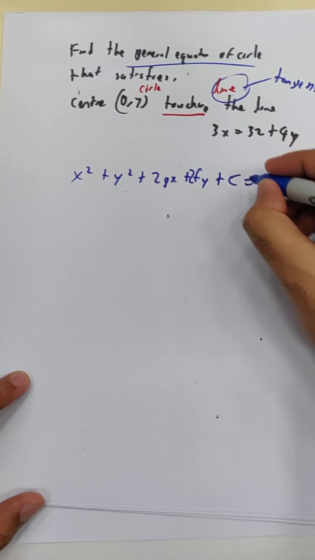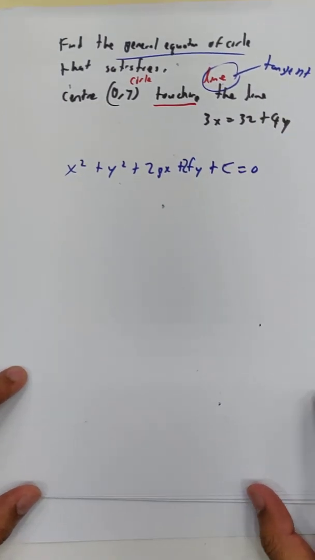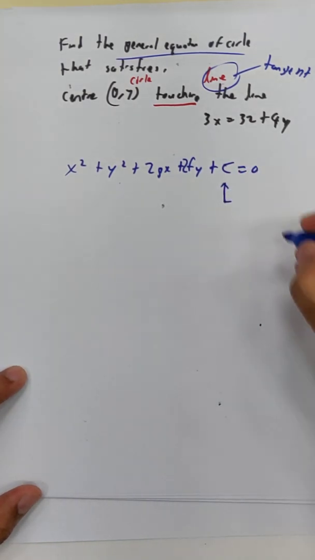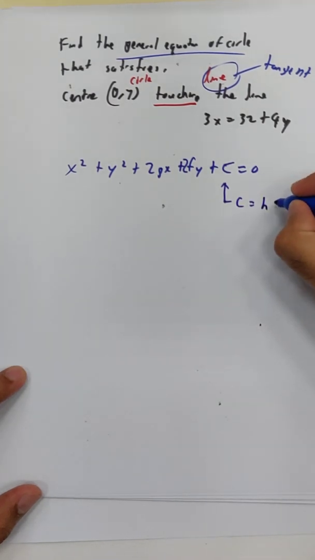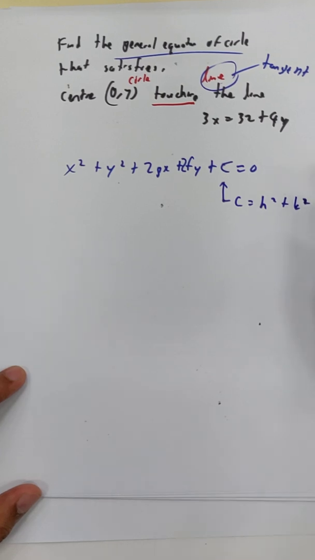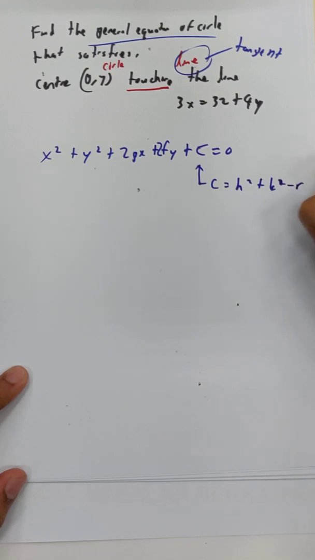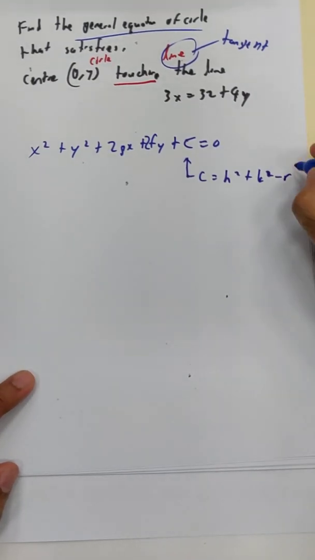What do you remember about c? c is also equal to h squared plus k squared minus r squared.